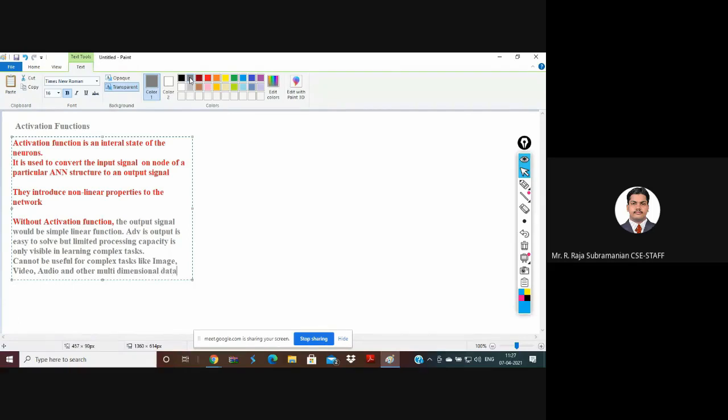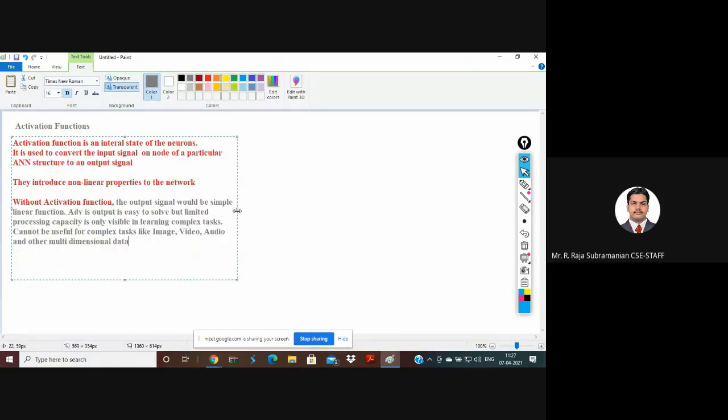Even if it is very single dimensional data, I can go with a linear function. Here I need to go for a polynomial function or some higher degree function, right? So this is the basic definition I can give about the artificial neural network's activation function, the ANN's activation function.